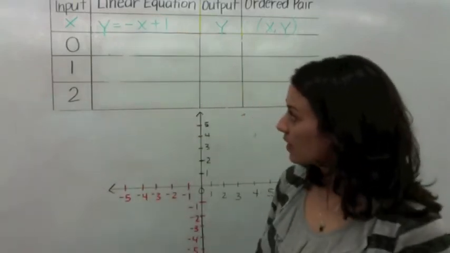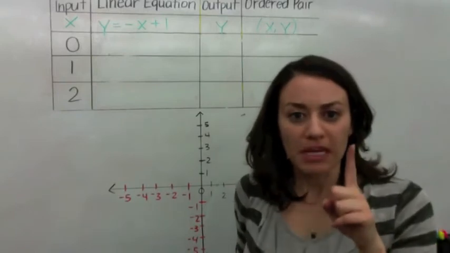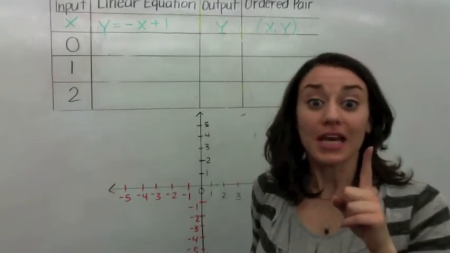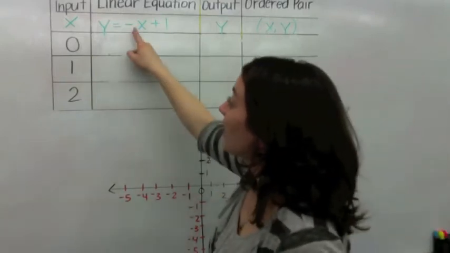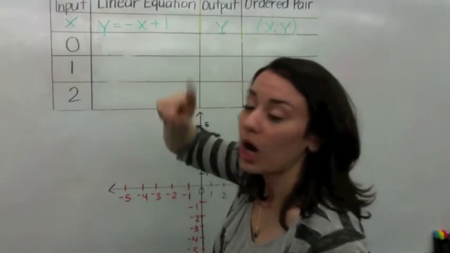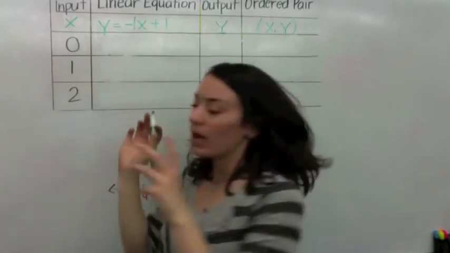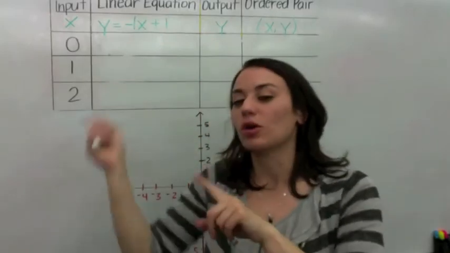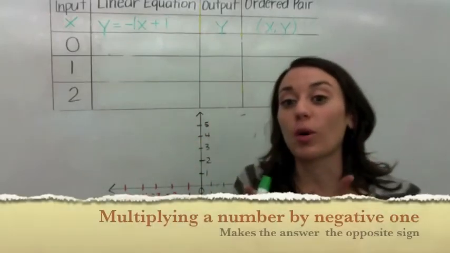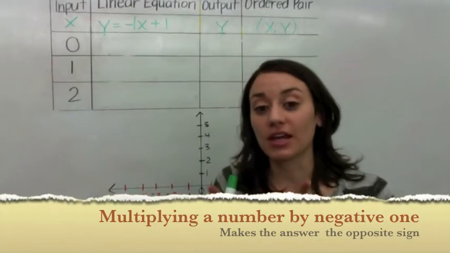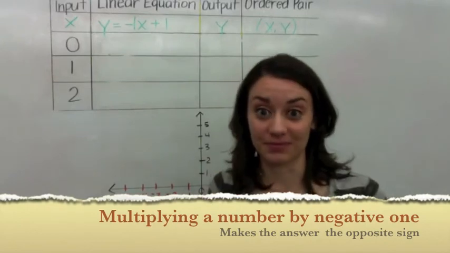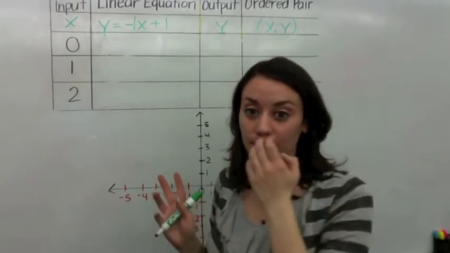Okay, now, do you see something invisible? Yes, there really is an invisible 1, an invisible -1, which means whenever you take x and you multiply it by -1, it's going to make the answer the opposite. It's going to make it the opposite, okay?